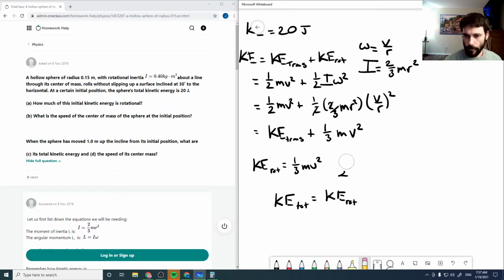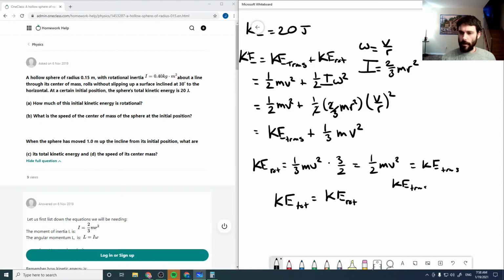Let's just multiply this by 3/2, which will give us 1/2 mv squared, which is equal to our KE trans. So our translational kinetic energy is 3/2 of our rotational.